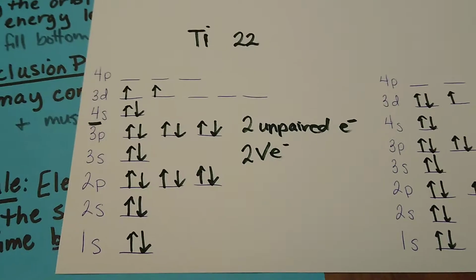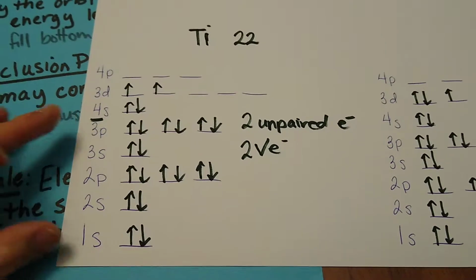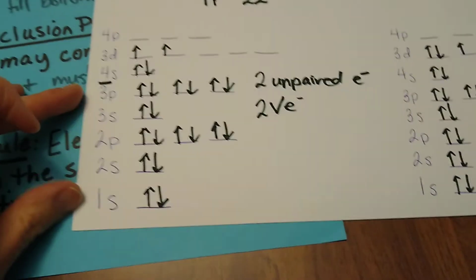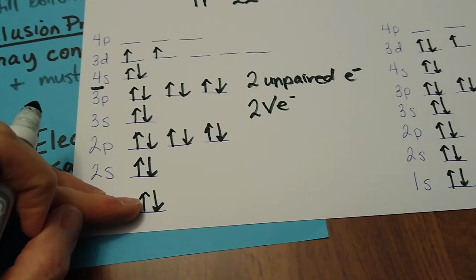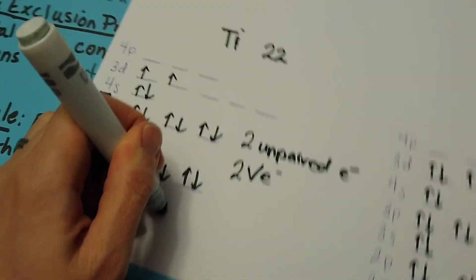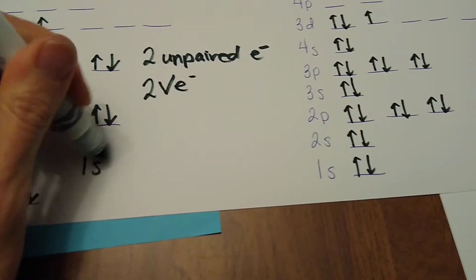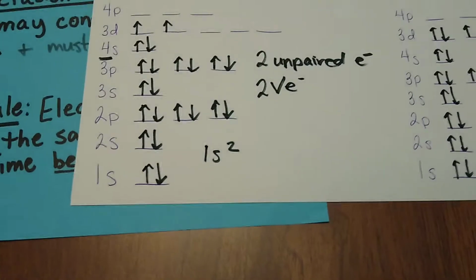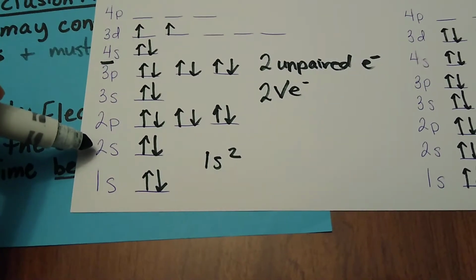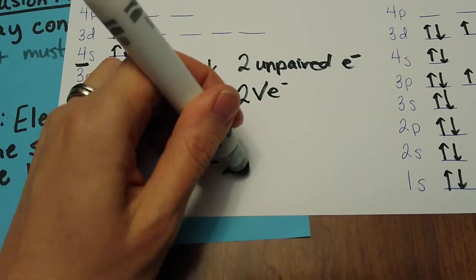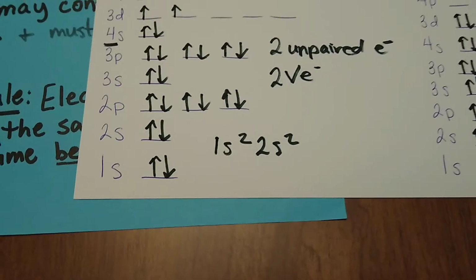Finally, we can use this to write the electron configuration for titanium. If you look, we started here in the 1s, and we put 2 electrons in there. So 1s2 is the first part of this electron configuration. Then we went here and we put 2 electrons in the 2s. So 2s2.